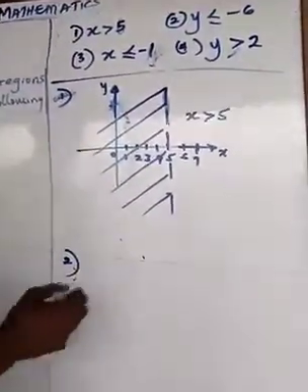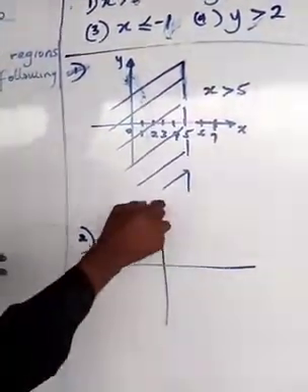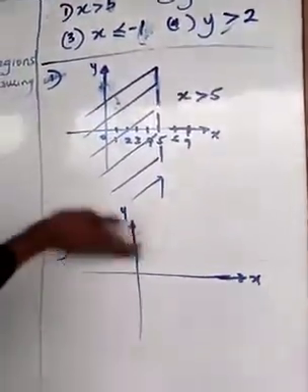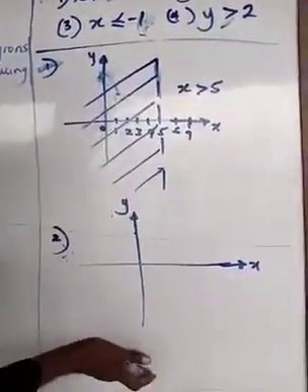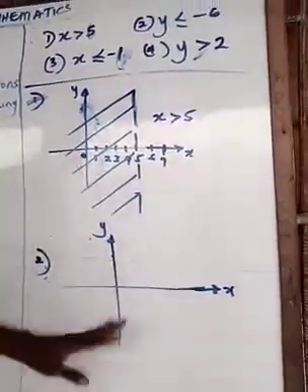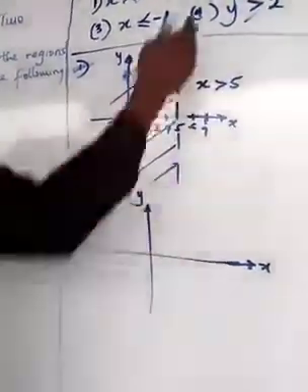Now let's look at another one. Let's say we have y less than or equals to minus 6. So we have the y-axis, we have the x-axis. Now this is positive y, negative y. I explained that in one of our videos under inequality. Positive y, negative y, positive x, negative x. So this is the negative part of y.